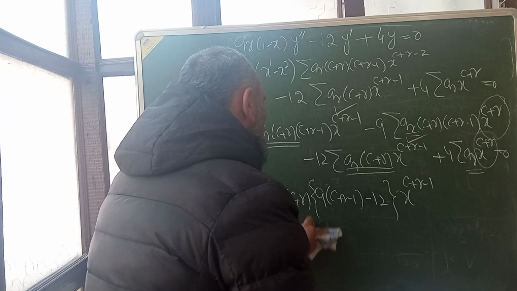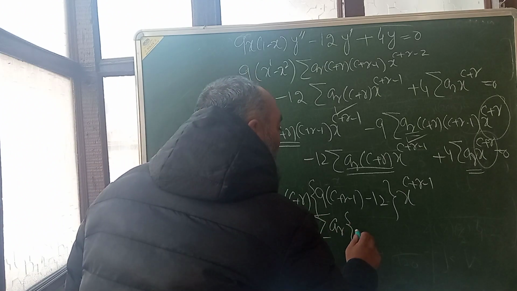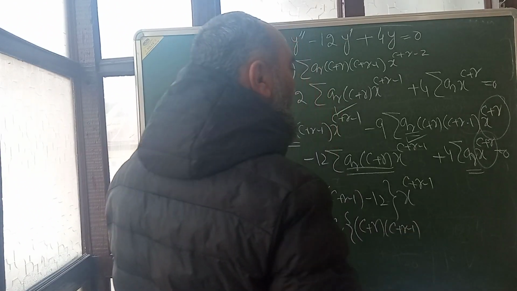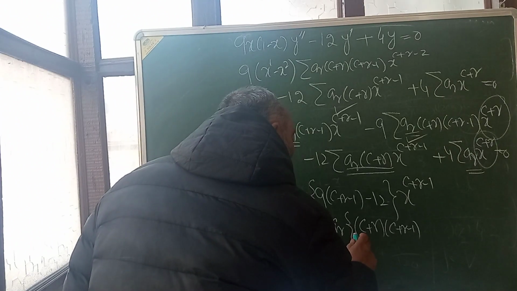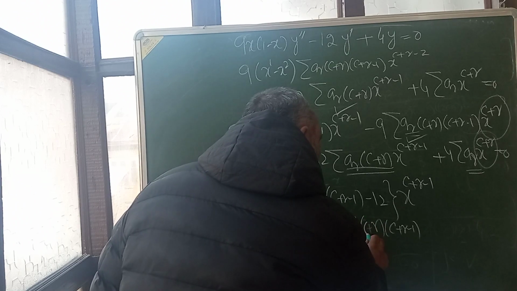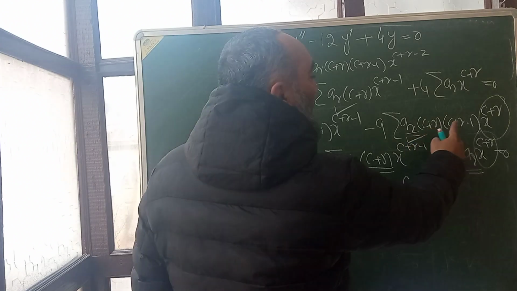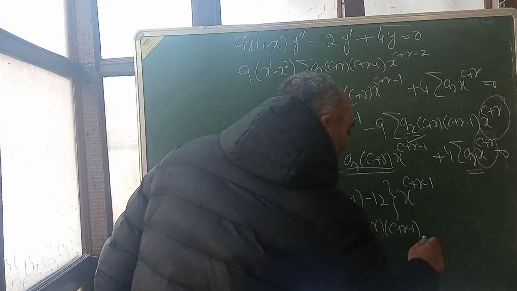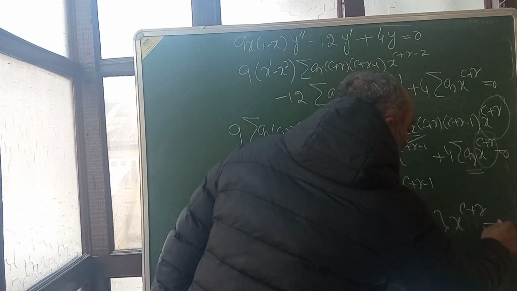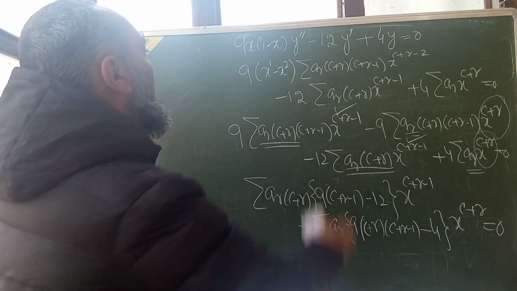So you have minus summation ar (c plus r minus 1) 9 times, 9 times ar you have taken outside, (c plus r minus 1) and minus 4, x raised power c plus r equal to 0. Minus 4 because I have taken minus outside. Now what will be finally?